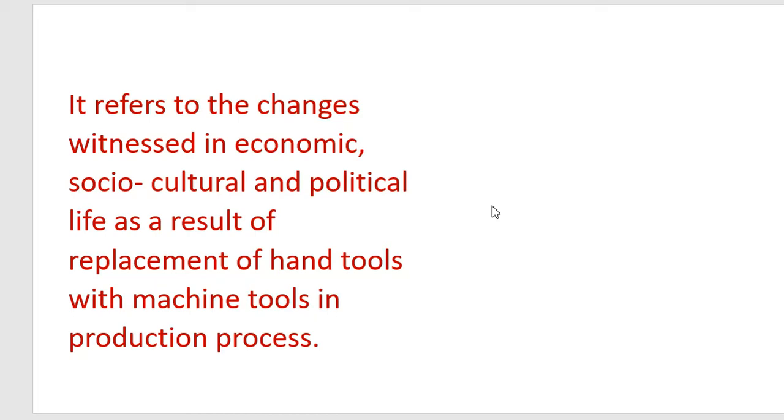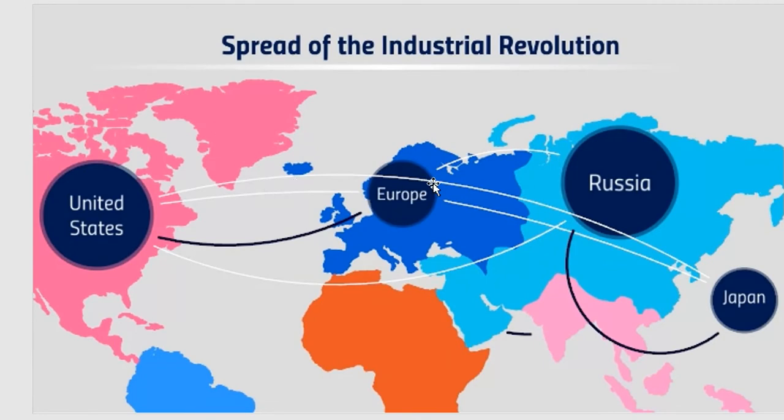Basically, this industrial revolution first commenced in Britain during the 1760s, that is the second half of the 18th century, and gradually it moved to other parts of the world. So let's see how the industrial revolution spread over other parts of the world. First it started in Great Britain of the European continent.